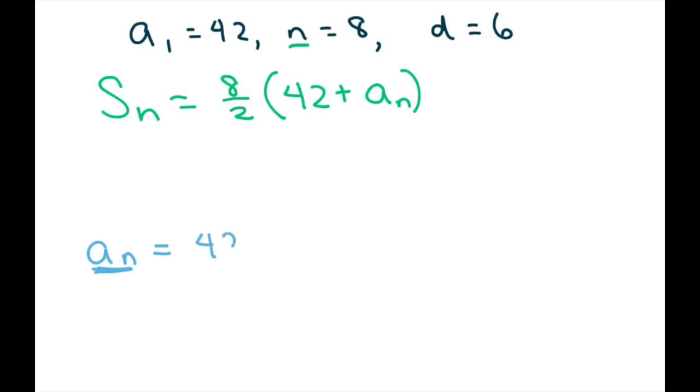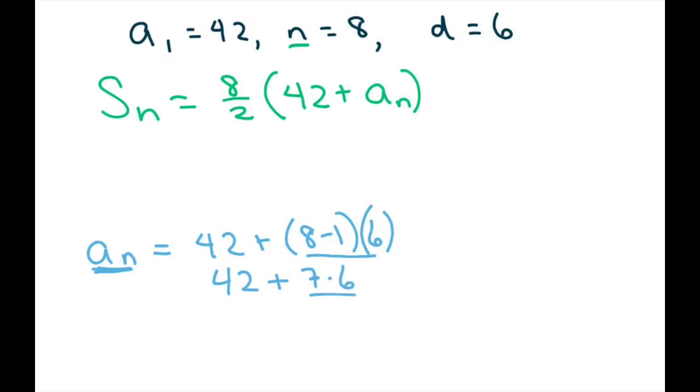So we have 42 plus n minus 1, which is 8 minus 1, times your common difference. So this is 42 plus 7 times 6. 7 times 6 is 42. So 42 plus 42 equals 84.